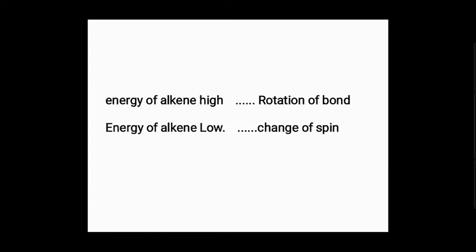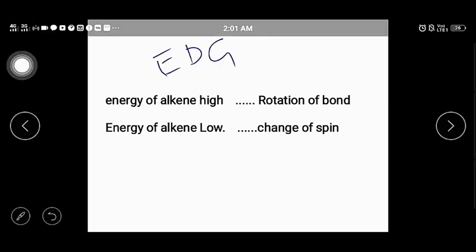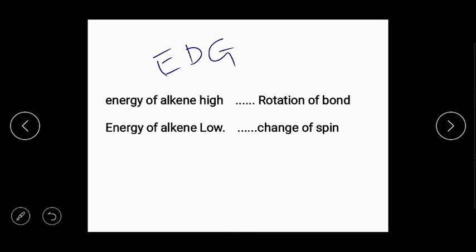When there is electron donating group present on alkene, the energy of alkene will be high. It raises the energy of alkene, and in that condition there will be much more time to rotate the bond. Single carbon bond will be rotated easily, and because of that bond rotation is possible and you will get a different product.